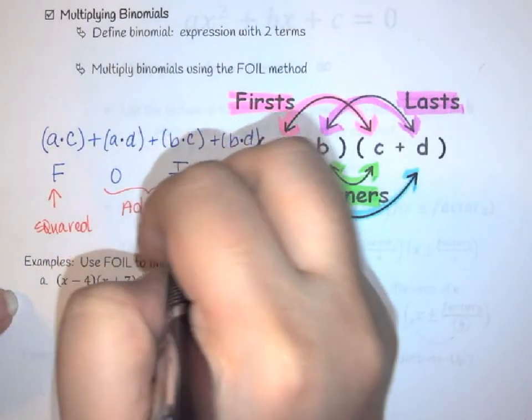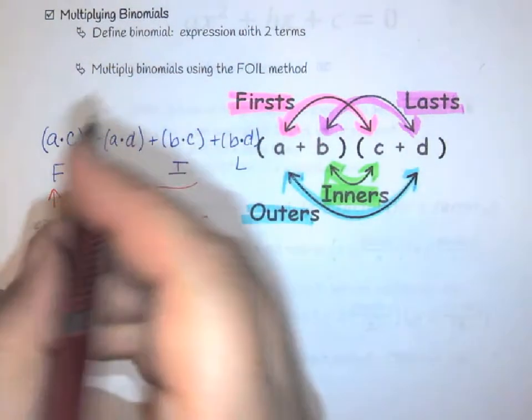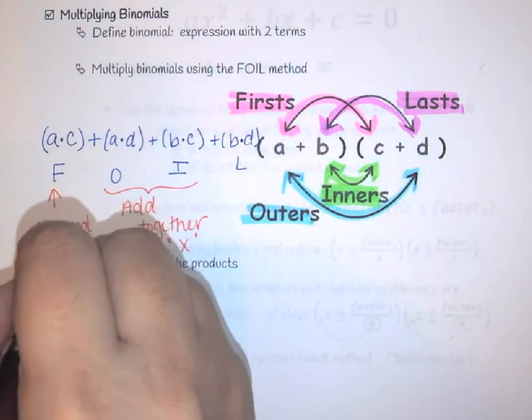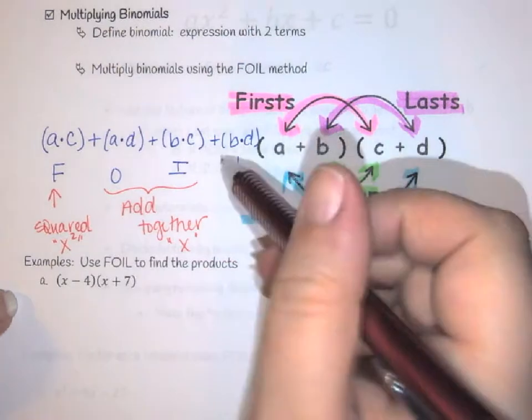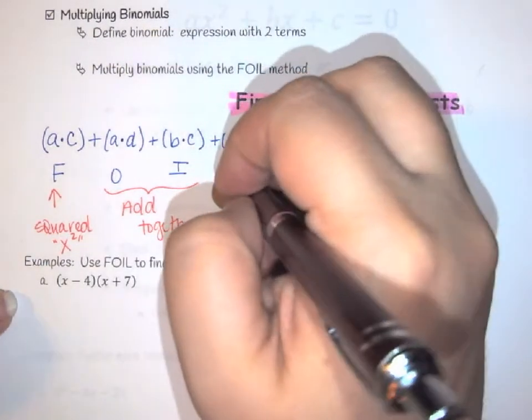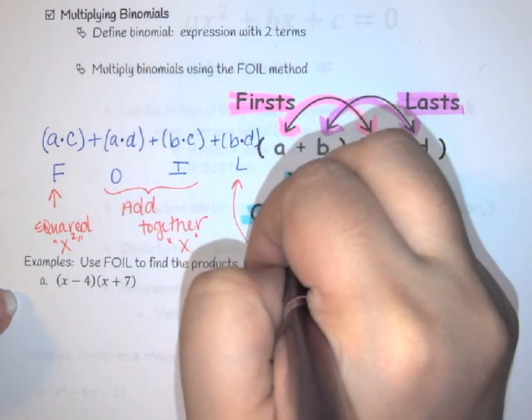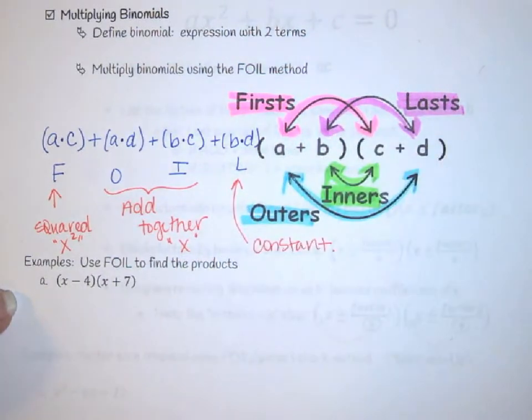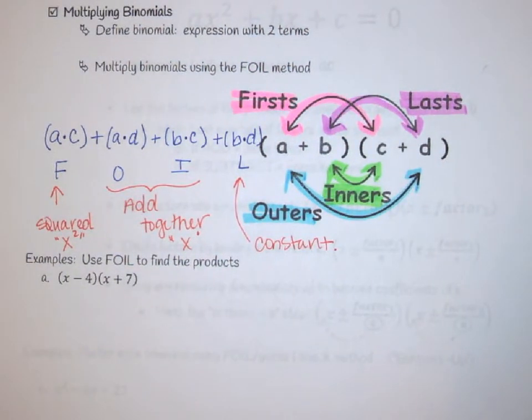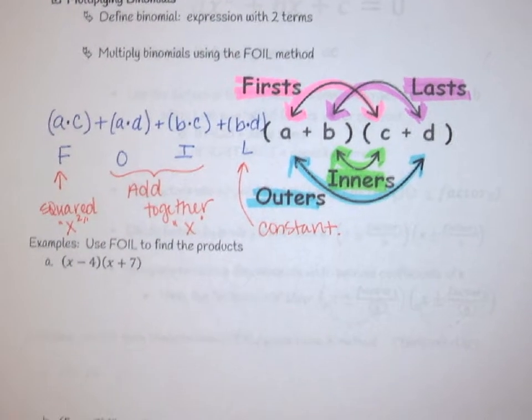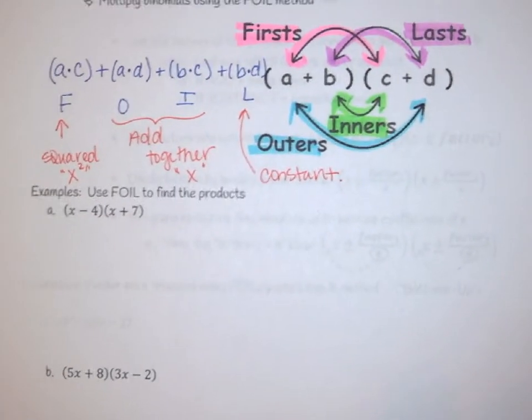This is generally the x term. This, again, is your squared term. And then, of course, your last, so this one right here is usually going to be your constant. Okay? Again, you're going to multiply them. So what does that actually look like? Well, let's look at an example.